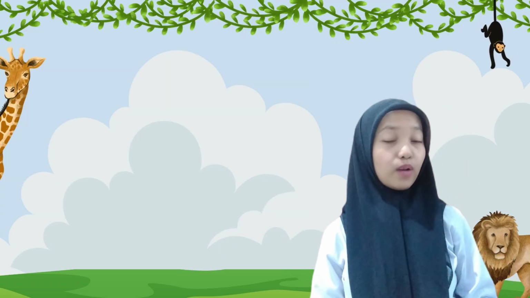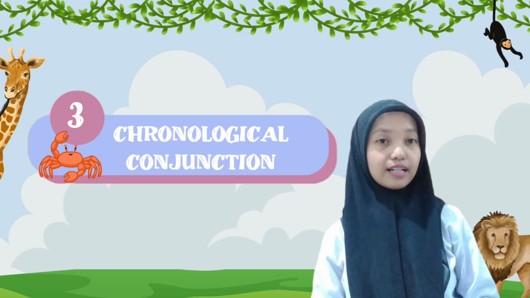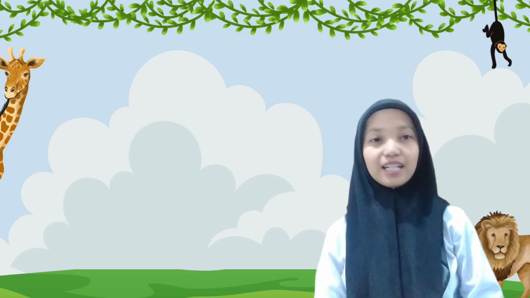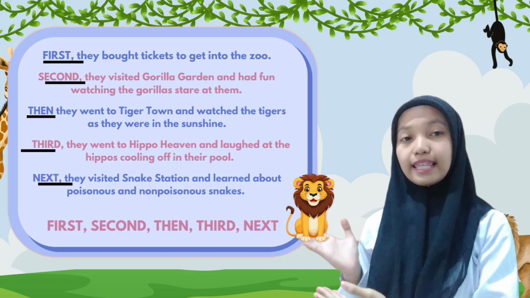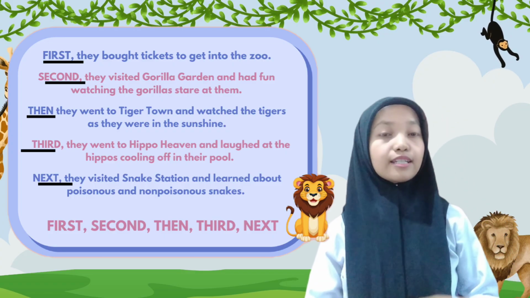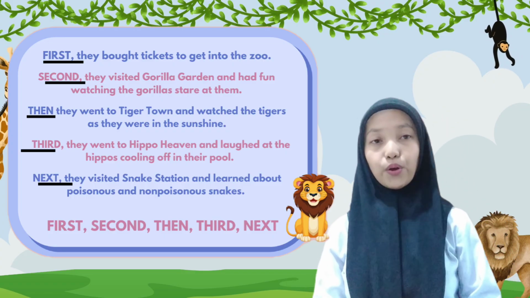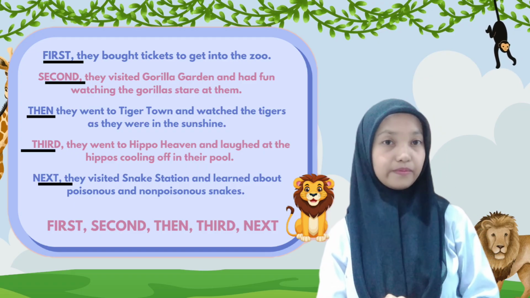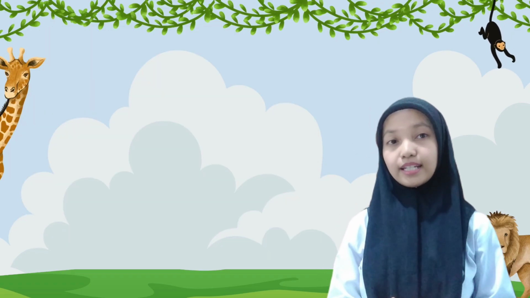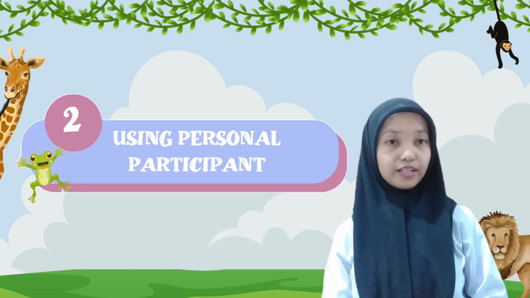Then, the second one is using chronological conjunction. The example here, the words first, second, third, then, and next are chronological order, so we use chronological conjunctions in the recount text. Then, the third one is using personal participant.